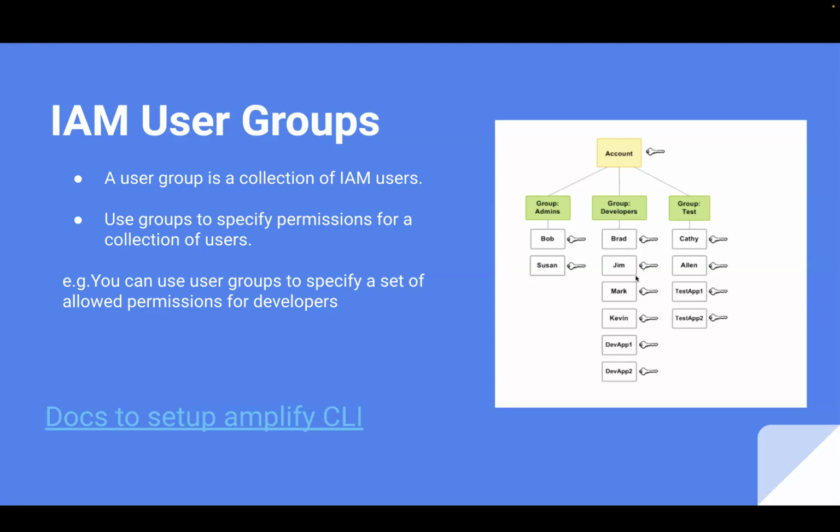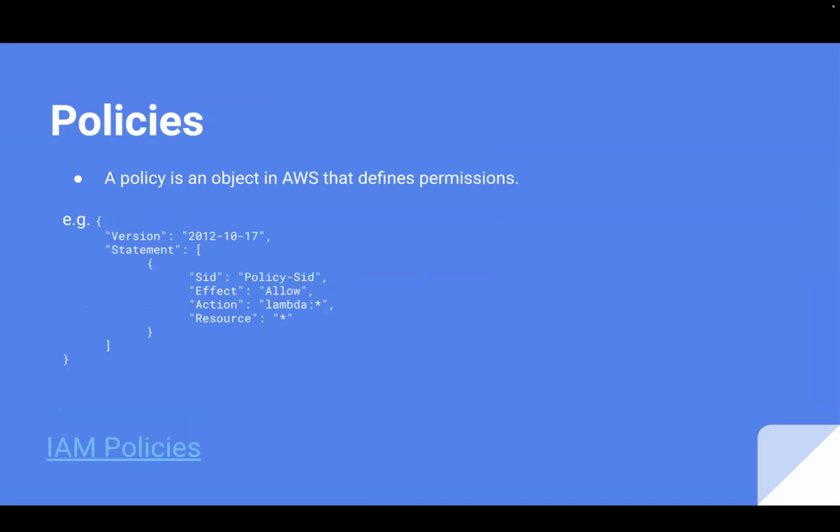If we want to update the permissions for, let's say, any developer or all developers, we don't have to go into their individual accounts and then do it one by one. We can just go and update the permissions that have been assigned to the group, and then it affects all the developers. If you want to revoke the read and write access for a particular resource, you can do it, and it affects everyone in the group.